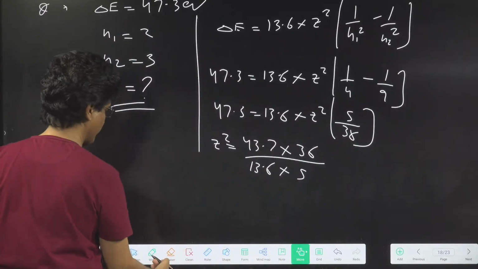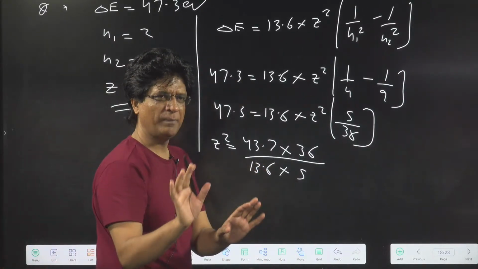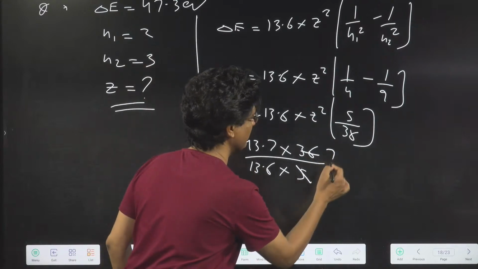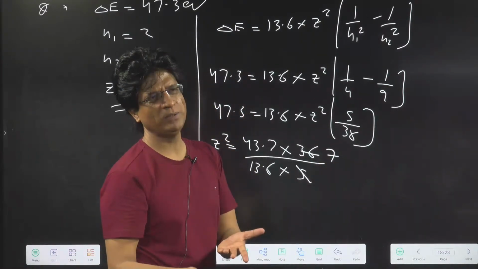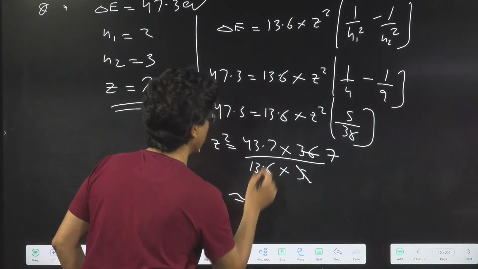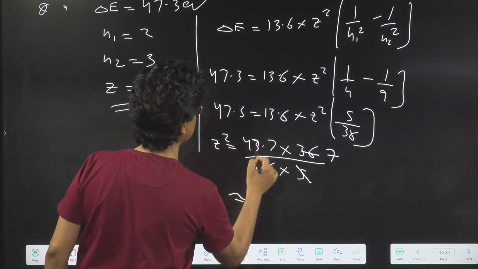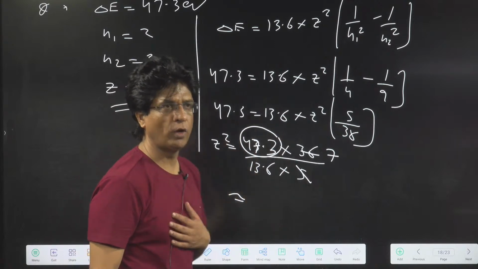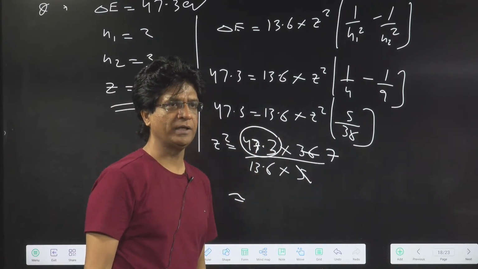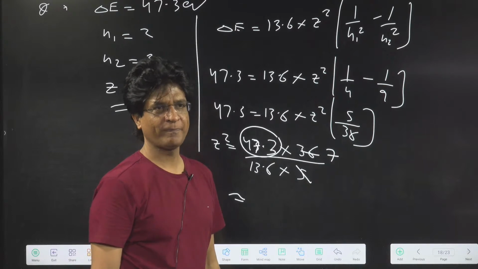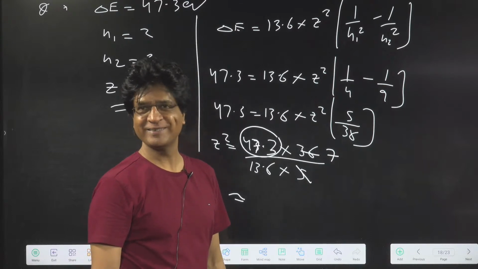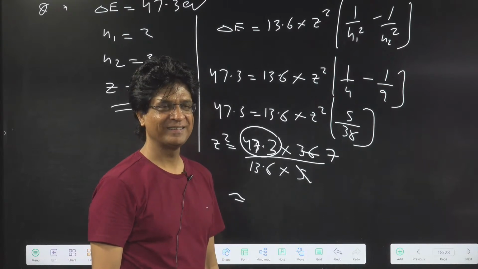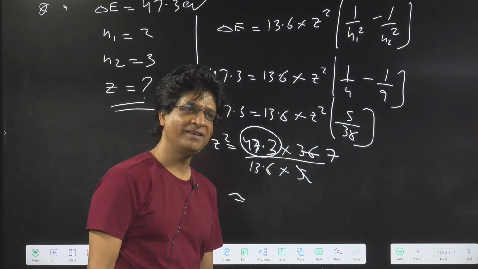If you are a bit careful, but approximately, can I say this is almost 7? And this is 47.3. Can I write 50?